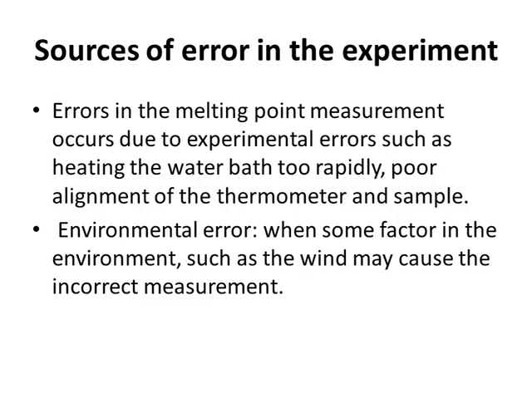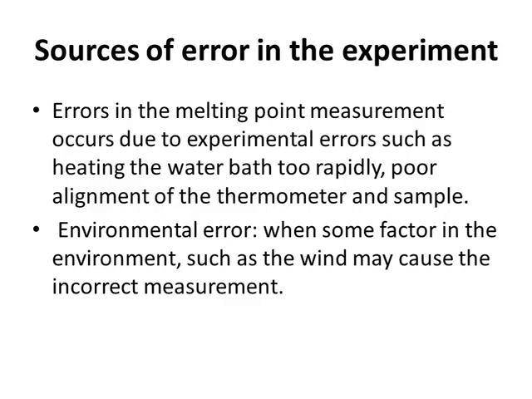Now, in this particular experiment, the sources of error: errors in the melting point measurement occur due to experimental errors such as heating the water bath too rapidly, poor alignment of the thermometer and sample. Some people will not dip that thermometer as it is supposed to be inside the sample.